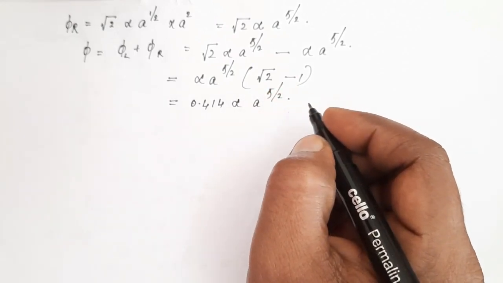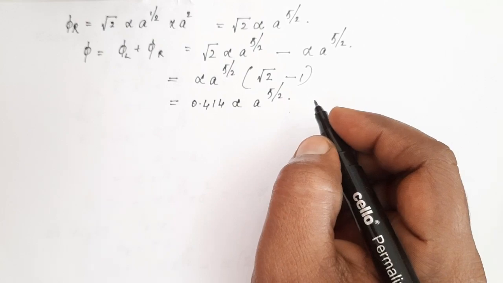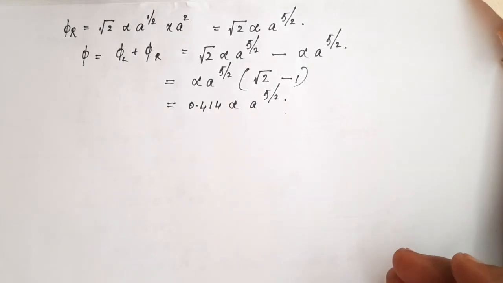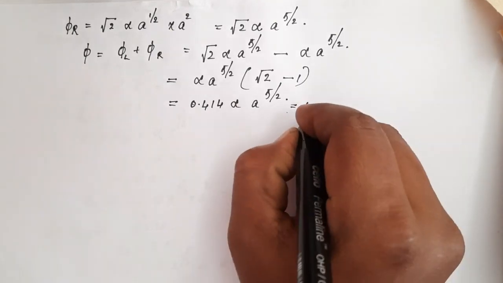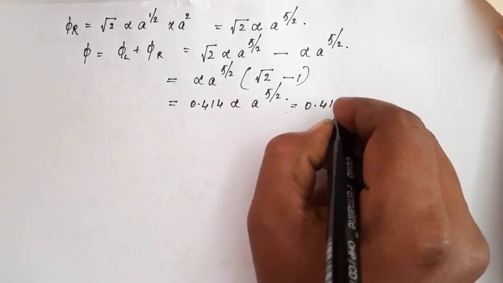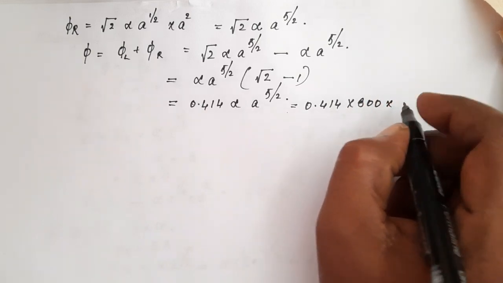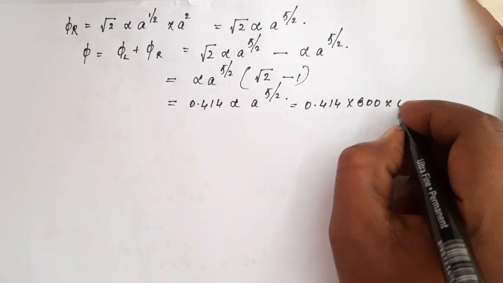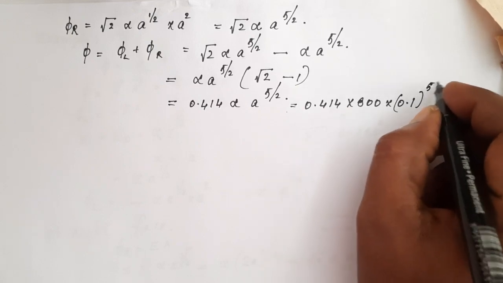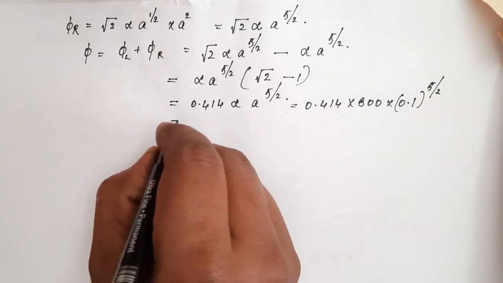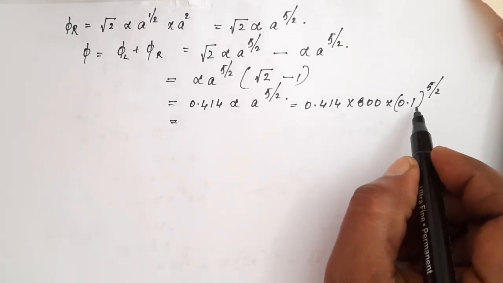Now you need to substitute for alpha and a, so you will get the final answer. Substituting, we have 0.414 into 800. In the question it's given alpha is 800 and a value is 0.1. So 0.1 raised to 5 by 2. For doing this part you have to use logarithm.